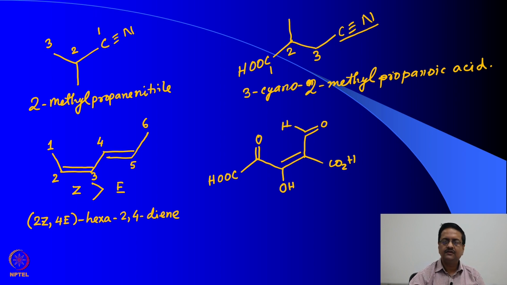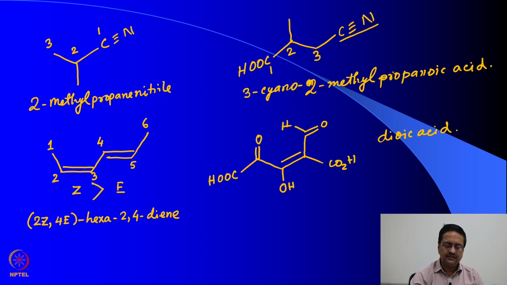So, by looking at the molecule you can directly identify that this is a dicarboxylic acid. So, it should be written as dioic acid at the end. So, that is the family of the compound, but then the numbering should start from the side where you have the higher priority groups.